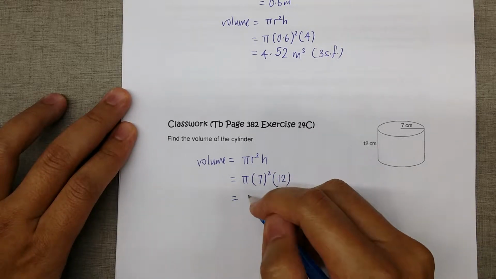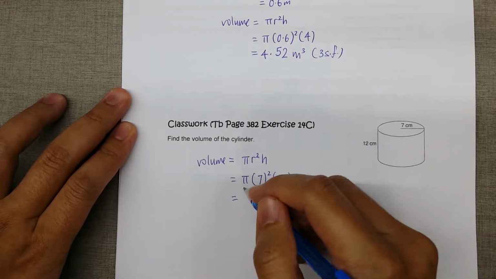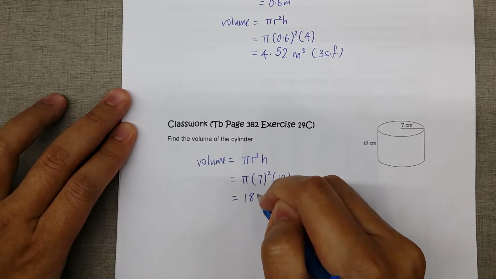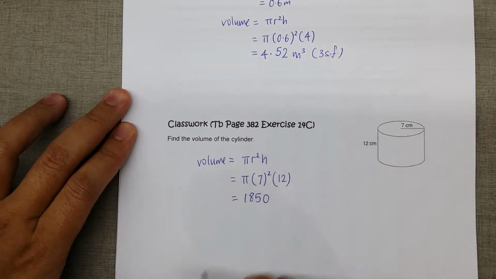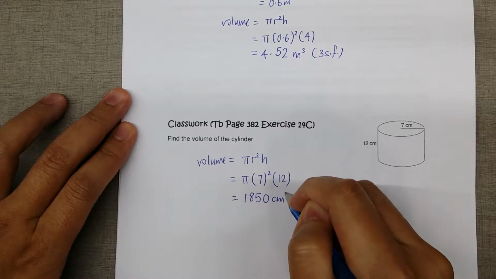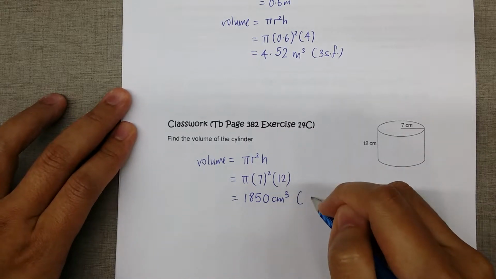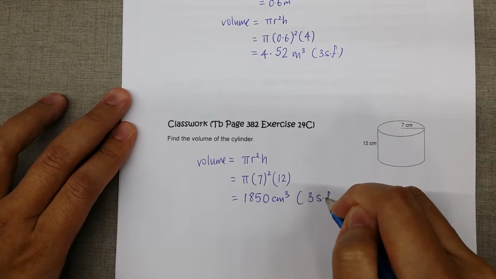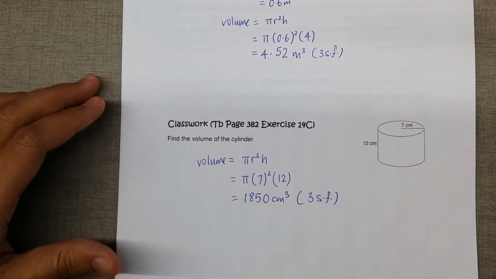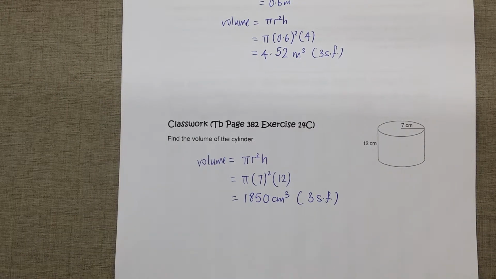We'll round off to 3 significant figures, which is 1850 cm cubed. Then I must indicate that this is to 3 significant figures. If you need more time, pause the video. If not, let's proceed on to the next part.